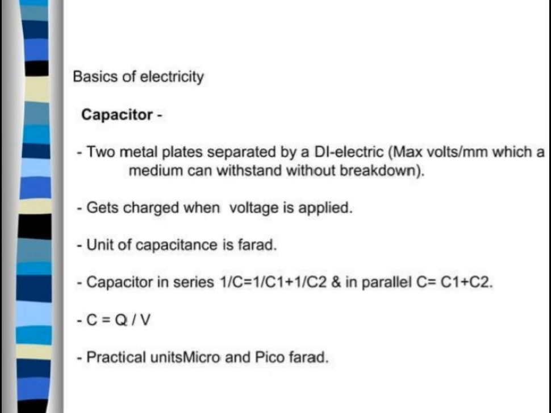So the unit of capacitor or capacitance is farad. So when we say capacitor, it is the device that stores energy in the form of an electric field, and it consists of two conductive plates separated by a dielectric material or the insulator.